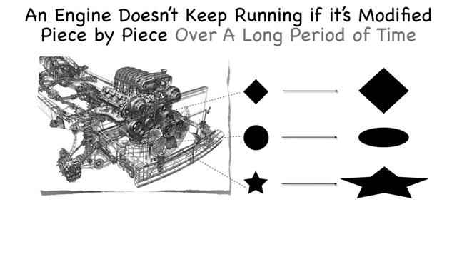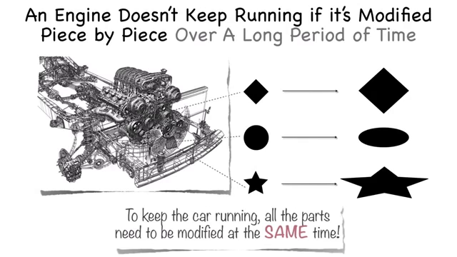As the heading reads up top, a motor doesn't keep running if it's modified piece by piece over a long period of time. And the bottom caption, to keep the car running, all the parts need to be modified at the same time. Even the best technician would be unable to keep your car running and on the road while he or she was in the process of changing and modifying the different parts at the same time.